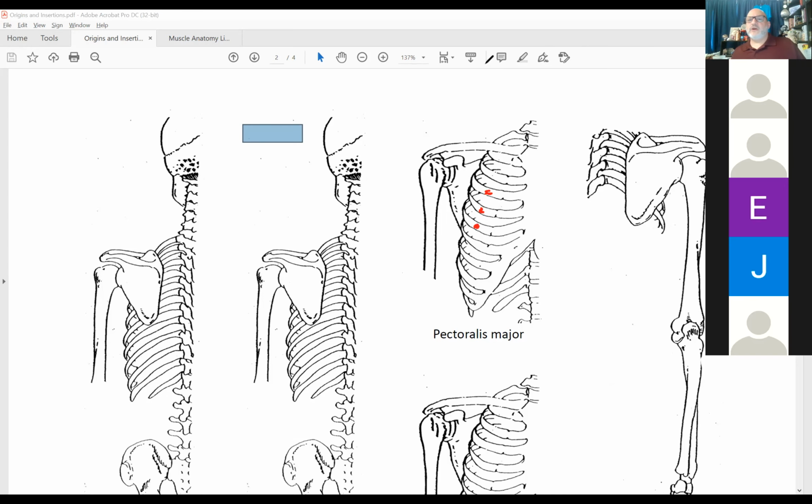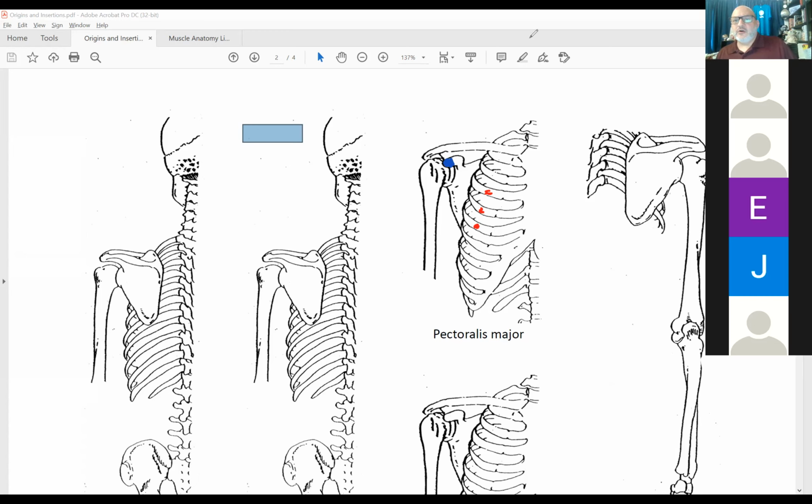Excellent. And what is its insertion? Coracoid process of scapula. There you go. Remember, the coracoid process is that bird's beak right there. So it inserts right there. Excellent. Notice it doesn't attach to the humerus, doesn't move the arm.